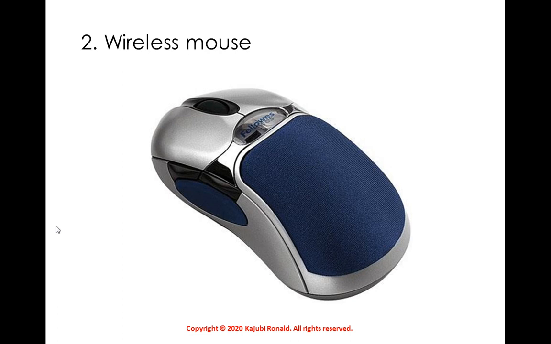This one uses wireless technology to communicate with a computer, hence serving the purpose of pointing, selecting and dragging items. So this wireless mouse, for it doesn't have a cable, but still serves the same purpose as the other computer mouse that had a cable.